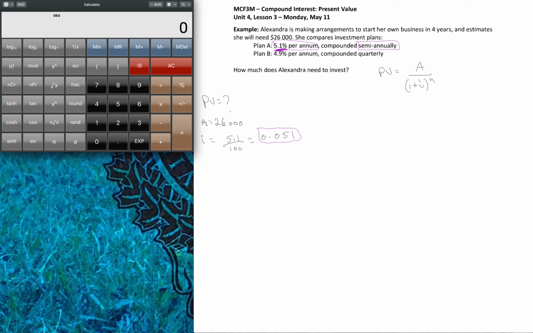So you're going to take this 5.1% that you're earning, and it's going to get compounded semi-annually. So every 6 months, which means I have to break it into 2. I can just do the math on your calculator. You can go 0.051 divided by 2.